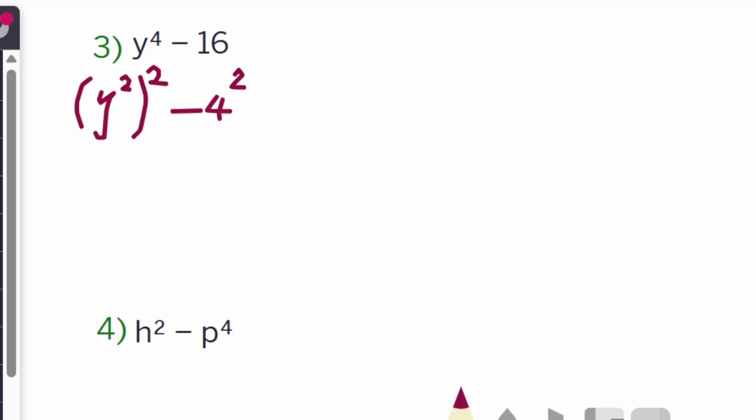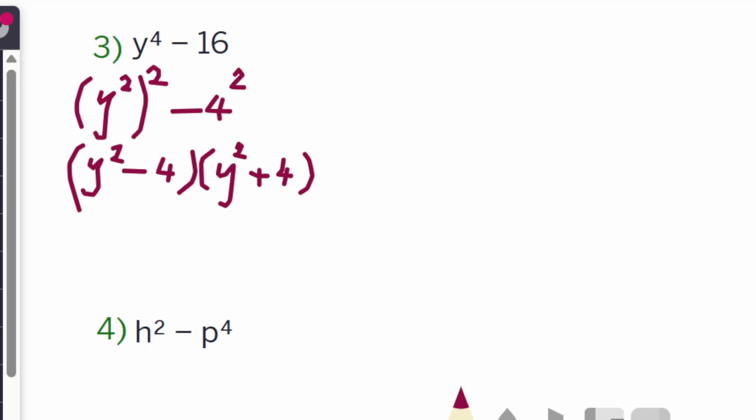Now this is a difference of squares, isn't it? We can say it's the first one, which is y squared, minus the second one, which is 4, and the first one, y squared, plus the second one, which is 4.